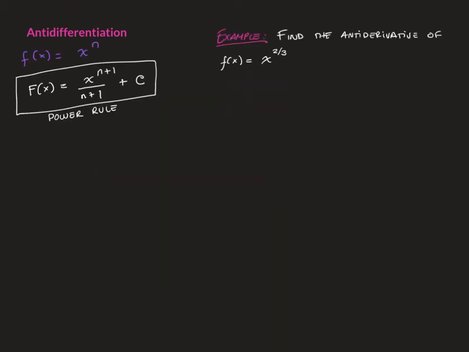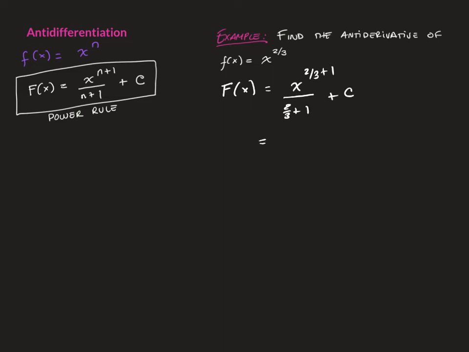Let's use this formula in an example. Find the antiderivative of f of x equals x to the power of 2/3. So if we wanted to find the antiderivative, what we need to do is take x, add 1 to the exponent, 2/3 plus 1, and then divide by the new exponent, 2/3 plus 1, and plus c.